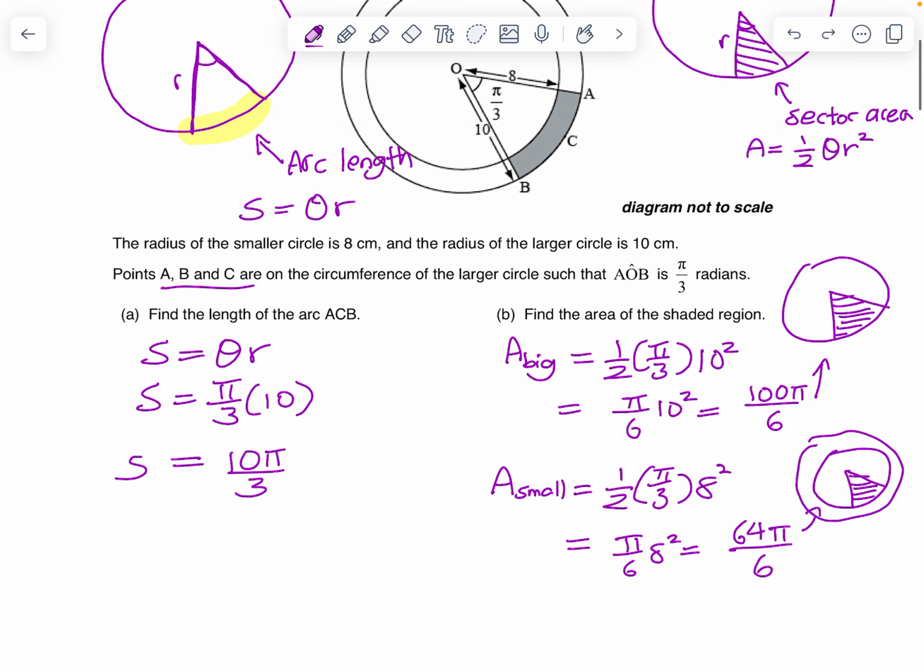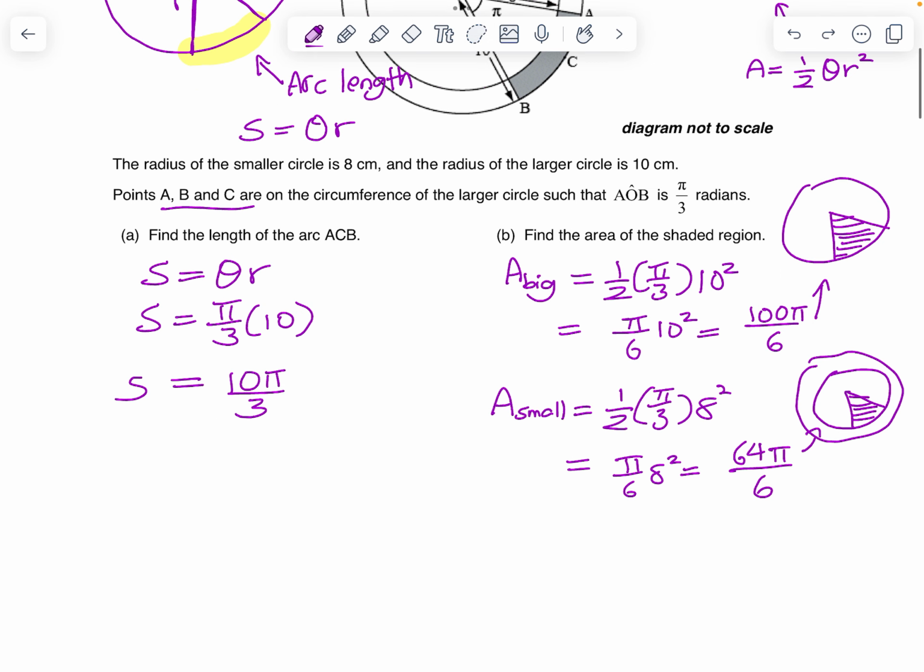Now we want to solve for only this section here. So a logical way to do it would be just to do this minus this in order to get the area of just the outer part. So we do A big minus A small, which is just 100 pi over 6 minus 64 pi over 6.